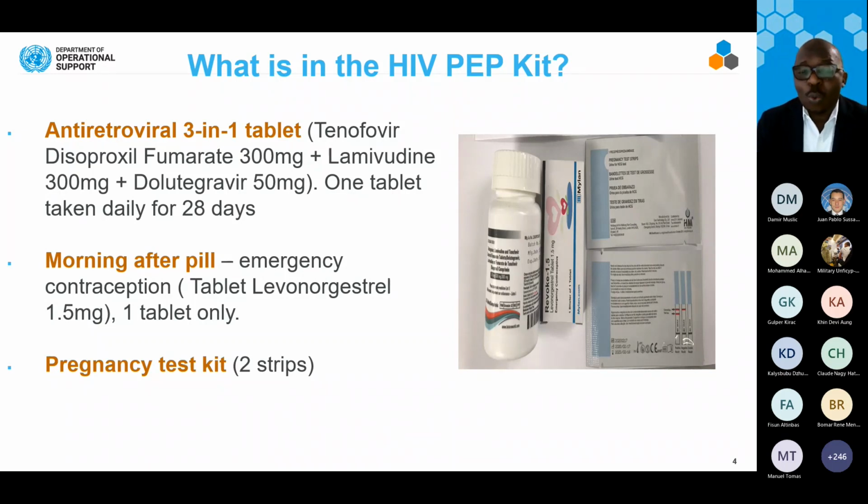Once you are sure that the staff member is not pregnant and you have all the medical eligibility cleared, then you can also give the morning after pill to prevent any probable pregnancy within the period when the staff member is taking this medication.